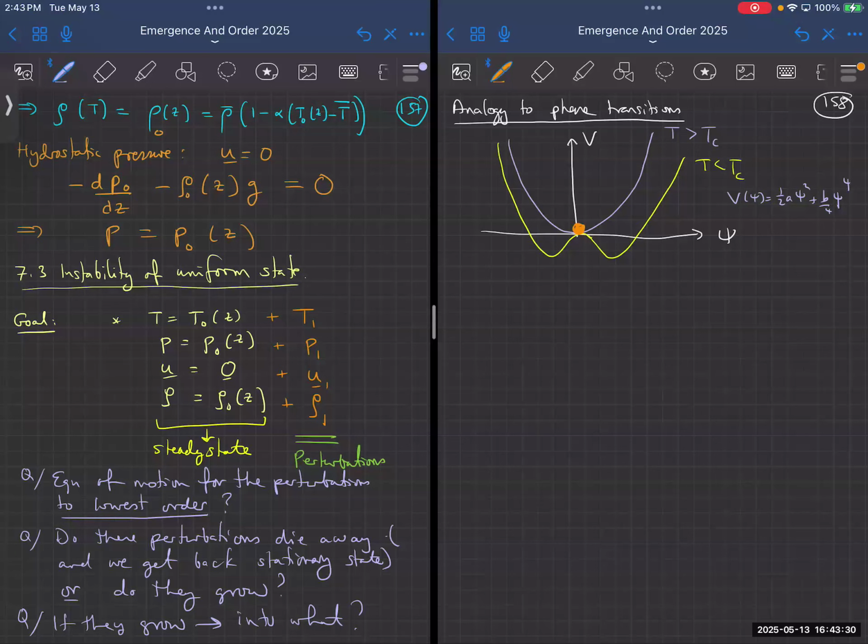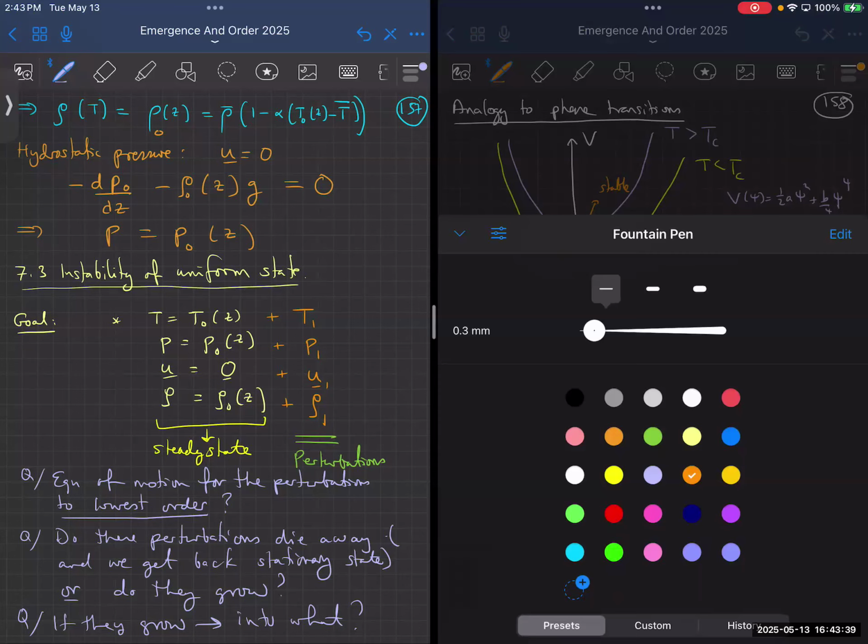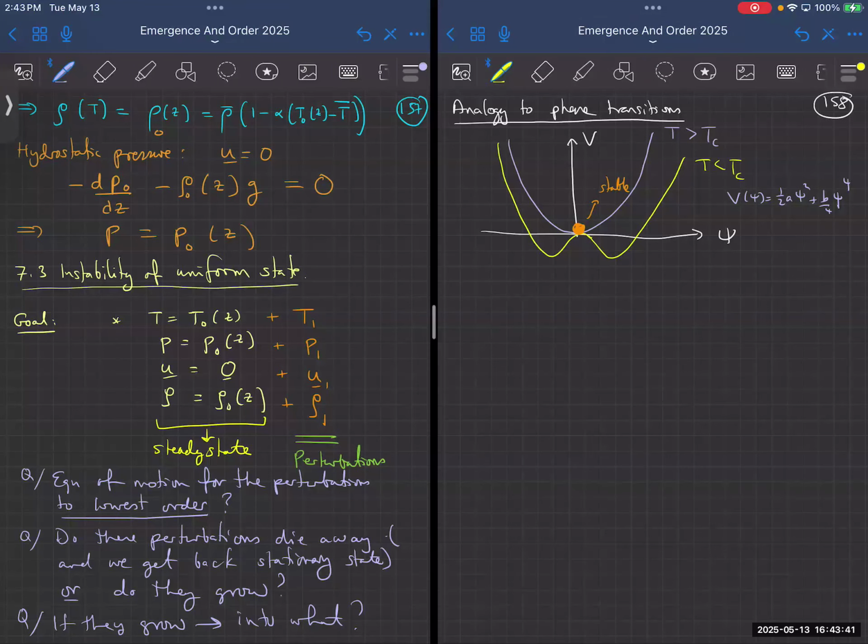So this is stable for t greater than Tc, but for t less than Tc, it's unstable.